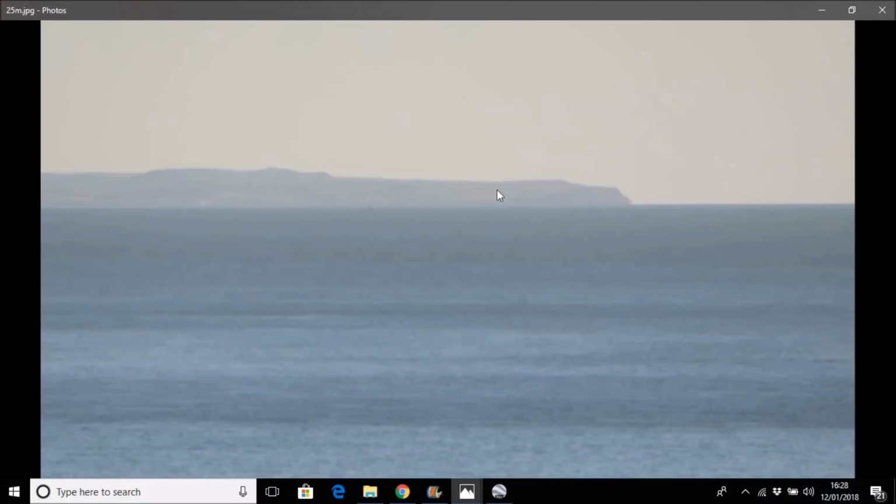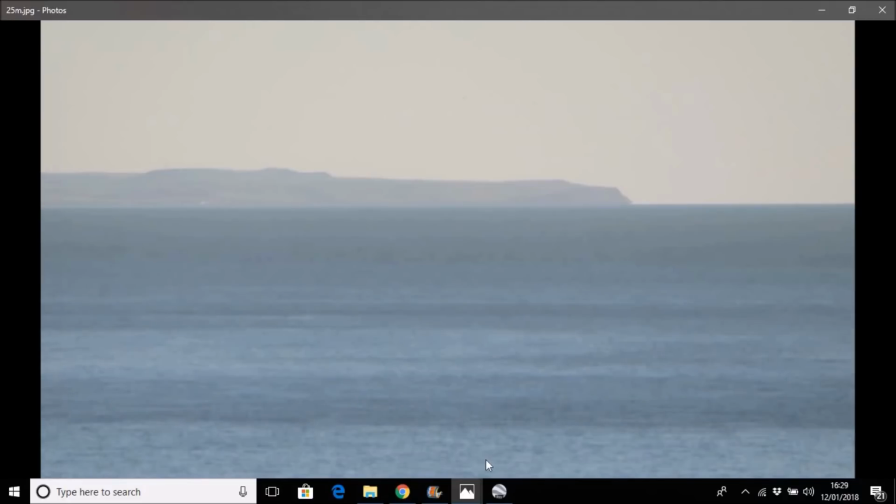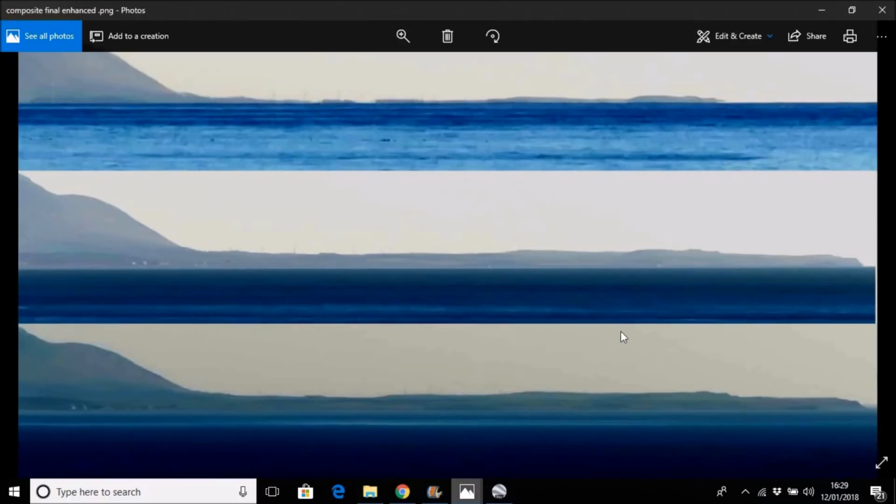So we should see much the same level, just a tiny bit of land missing at 25 meters and none at all at 75 meters. And I think that the 75 meter and the 25 meter one, although these pictures here are slightly different zoom levels, if we look at our panorama ones where I tried to get the zoom levels about the same, we can see that these are, broadly speaking, the same amount of height above the sea, above the horizon, whereas a large section is missing here.